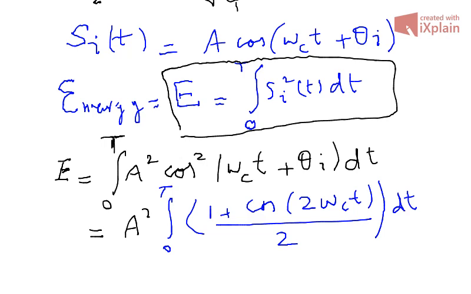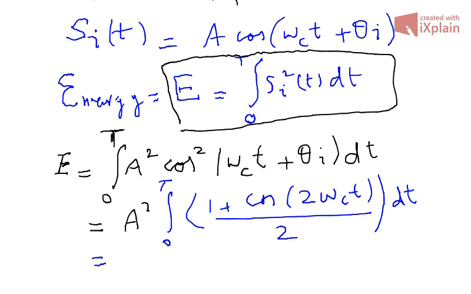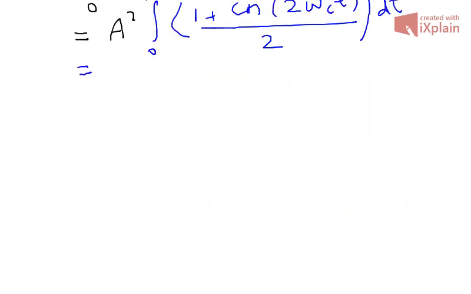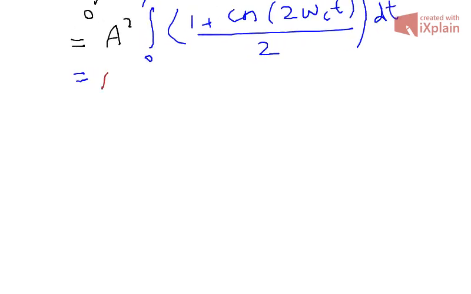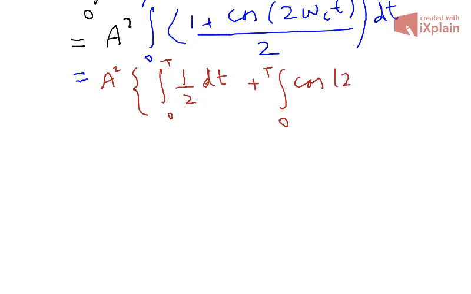So we need to integrate it, and if you integrate this one, this will be equal to A squared times two integrals: one is the integral of dt from 0 to T, and another one is the integral from 0 to T of cos 2 omega ct over 2 dt. Now you have to evaluate these two integrals.